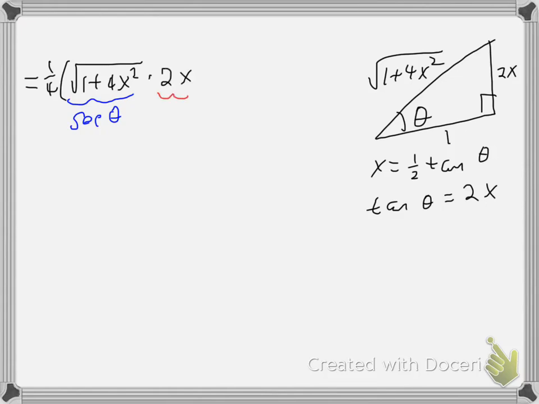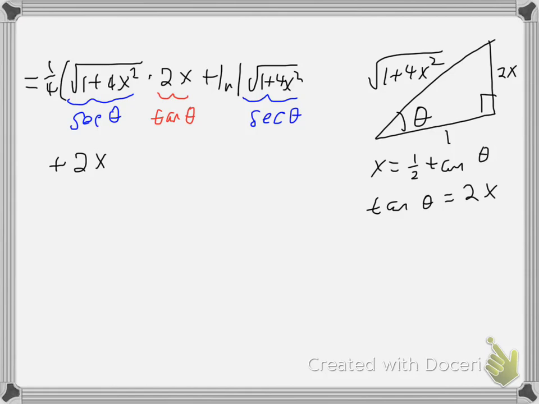This 2x here is just the tangent of theta, plus the natural log of the absolute value of the square root of 1 plus 4x squared. That, of course, is the secant of theta, plus 2x, that, of course, again, is just the tangent of theta.